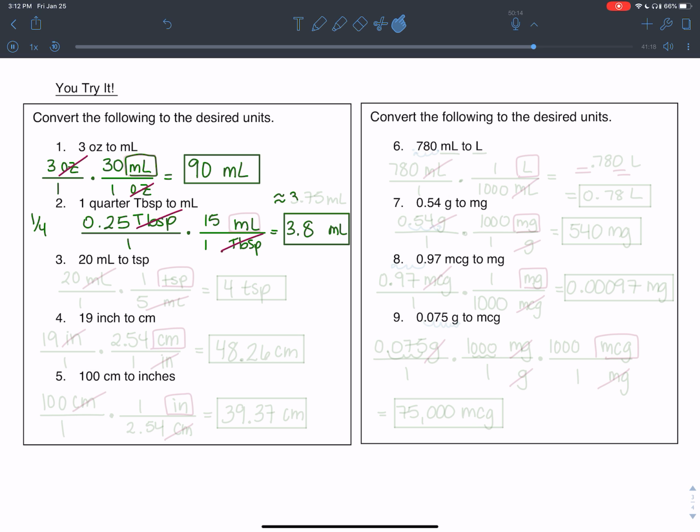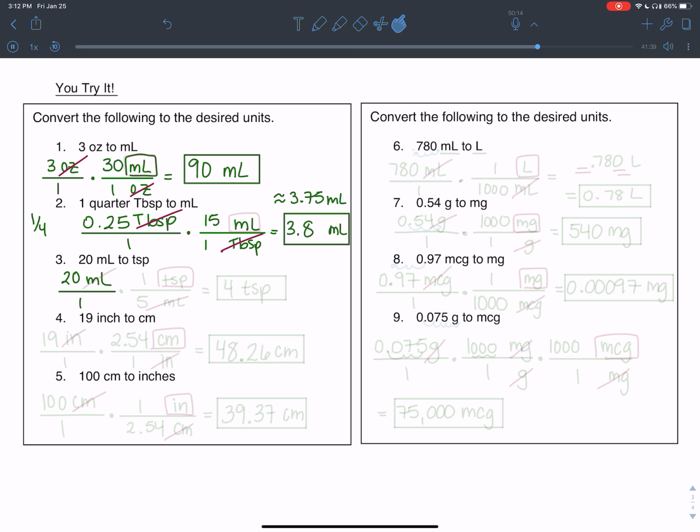All right. So 20 milliliters to teaspoons, right? Again, probably not something you'll do in the future, because we usually go to milliliters, not to teaspoons, but I just want to test you. I just want you to think about how this conversion stuff works. So I take my 20 milliliters, starting off per 1 person.